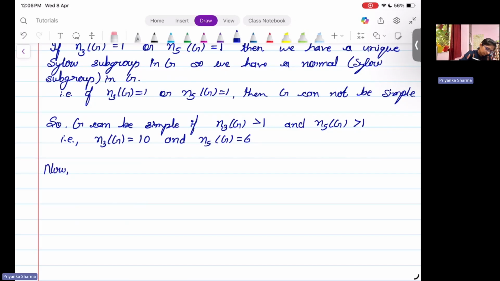Now, what do we have? We have 10 subgroups of order 3 of the group G.